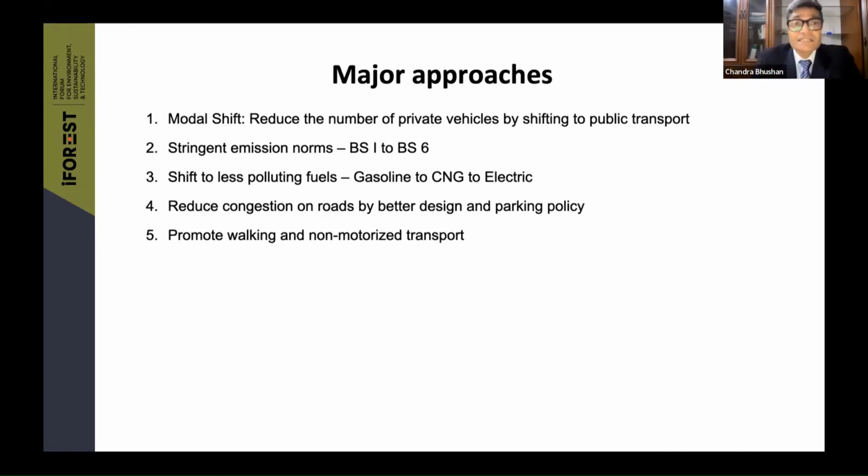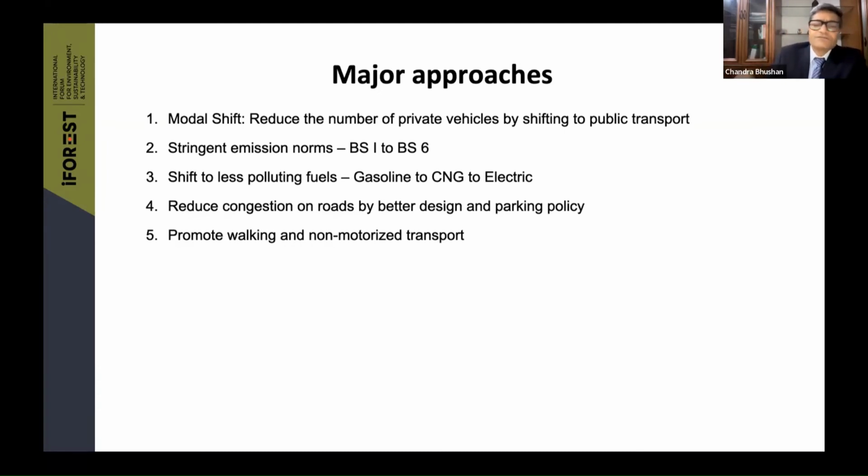The second is stringent emission norms, where cities have hardly any role, and the pollution control board, other than having a PUC, pollution under control system, where vehicles can go and get themselves tested and certified. But as far as the standard is concerned, which is now BS6, which is coming into the market, cities and pollution control boards have hardly any role in it.